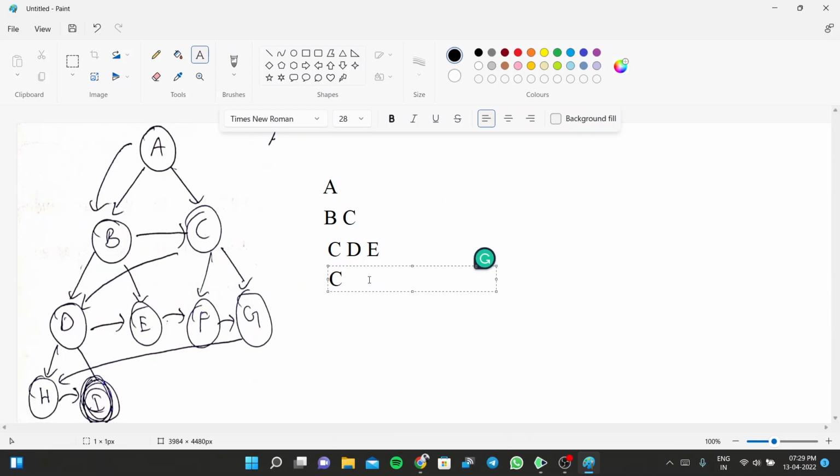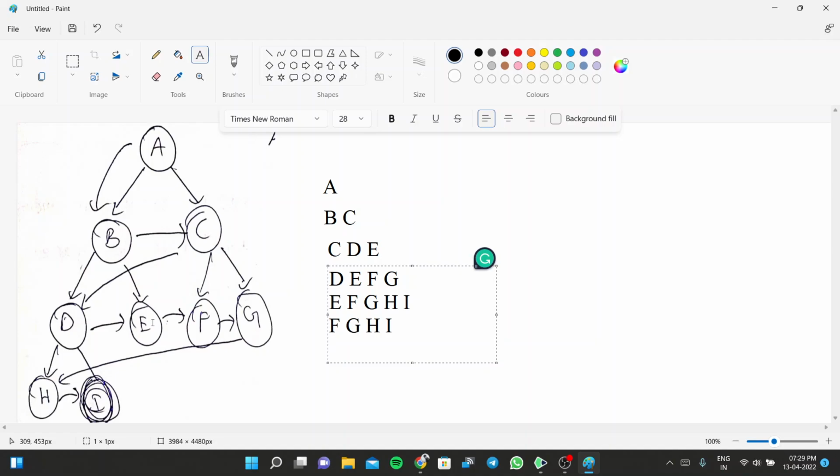After removing C, we are going to have D, E, F, G. After removing D, we are going to have H and I, so we write it like this: G, H, I. After removing E, we don't have any further nodes, so we just write the remaining ones.